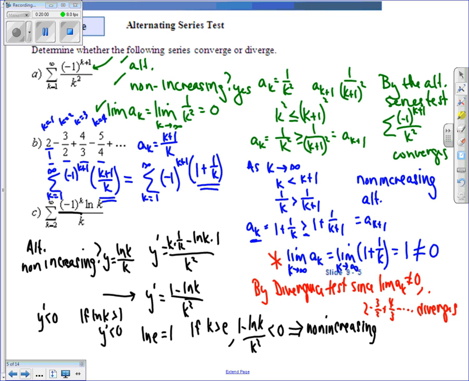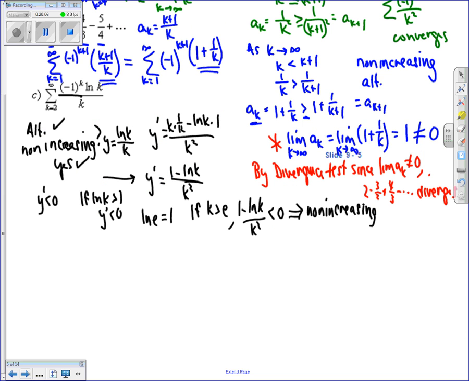Okay, so now the only other thing to check, we know that this is non-increasing, alternating. Now just check the limit of the kth terms. So the limit of natural log of k over k. Now we've got a couple things we can do. If you try to evaluate, you'd get an infinity over infinity form, which then you could apply L'Hopital's rule, which would say that this is the same as the limit of 1 over k over 1 as k goes to infinity, which is 0. So the limit of the terms is going to 0.